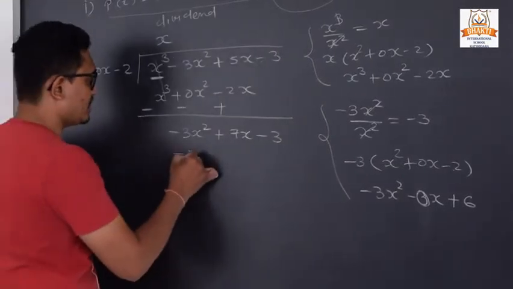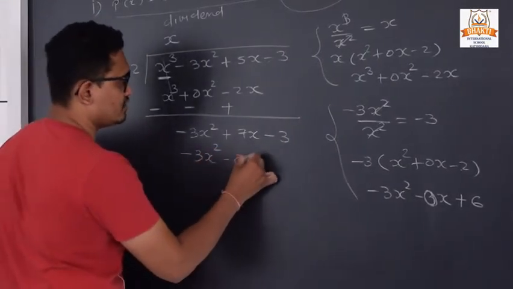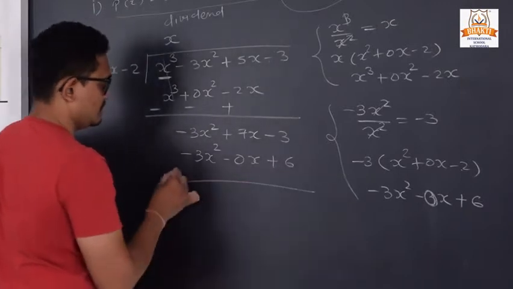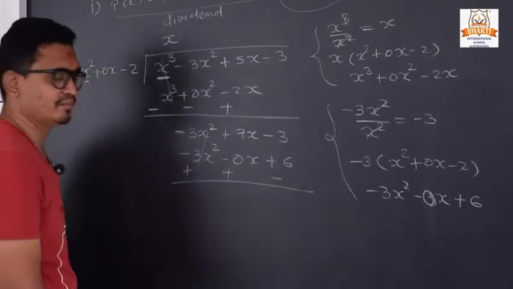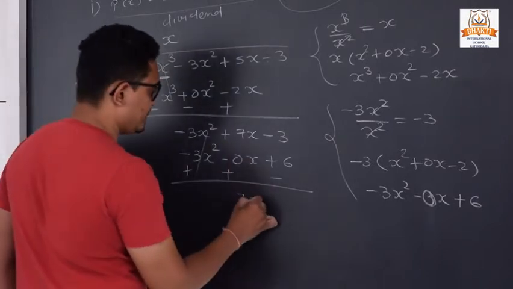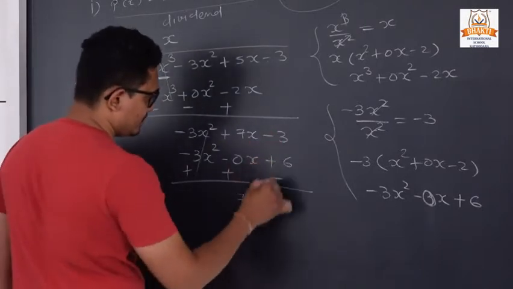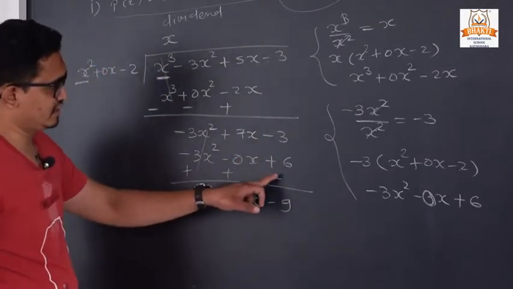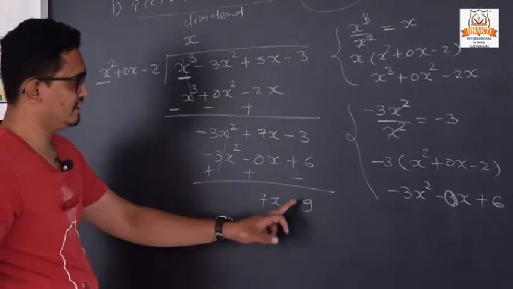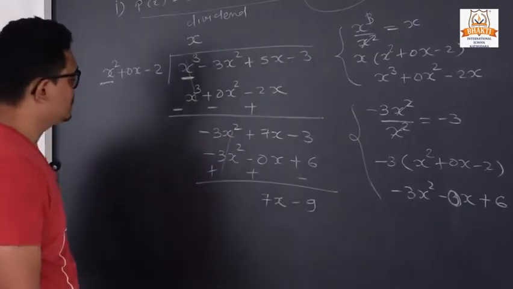So now we put here minus 3x square minus 0x plus 6. Once again the sign will be changed, so these both are cut, and here we get 7x, and minus minus plus, so 6 plus 3 will be 9, so it is minus 9.